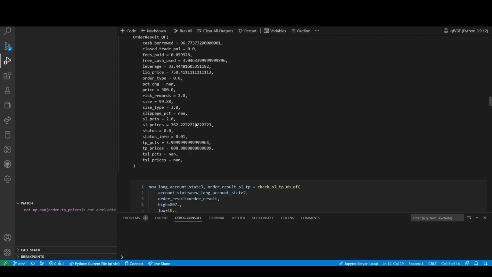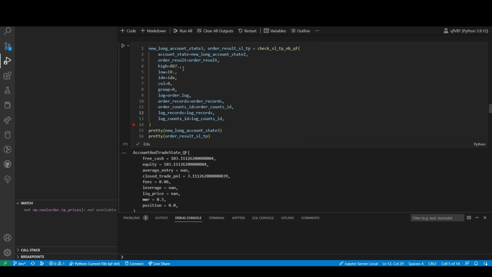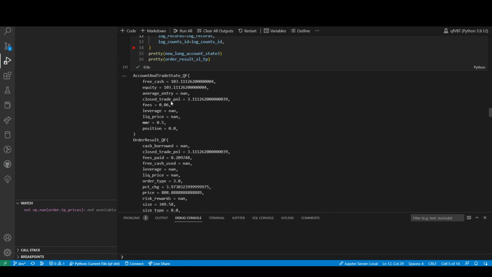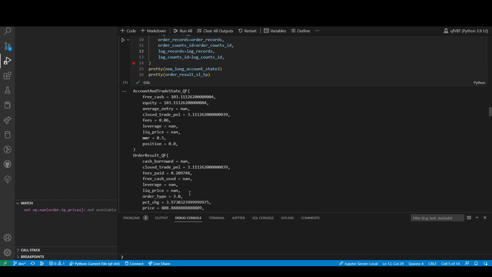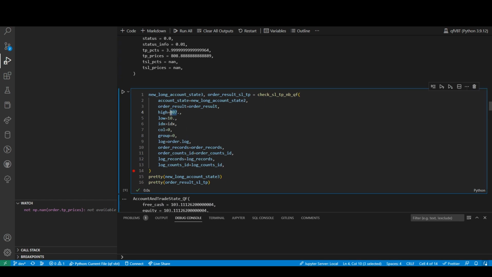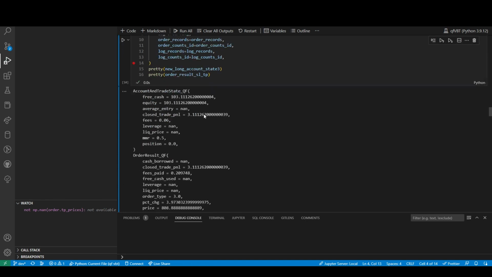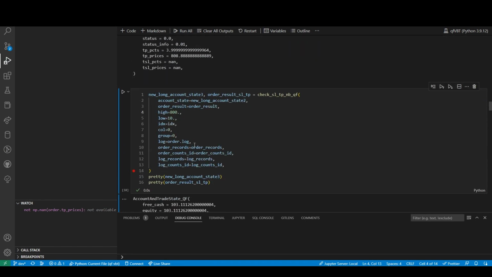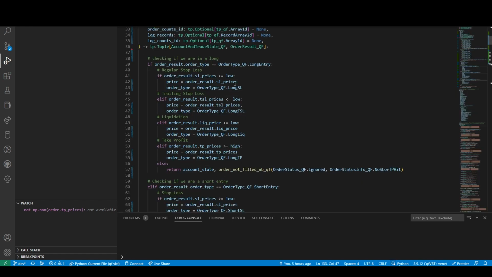Oh yeah, we're closing out. But why is it 808? Why is the price 808? Why is it not 800? Why is the price not 800? Price is here. Order result dot TP price.